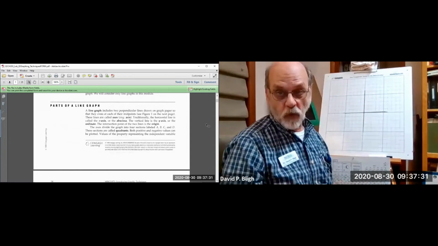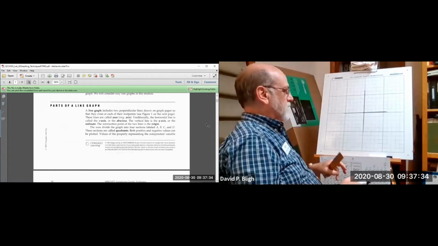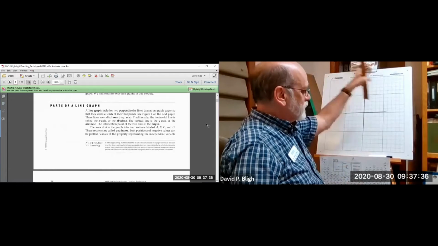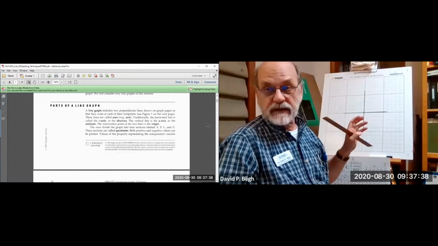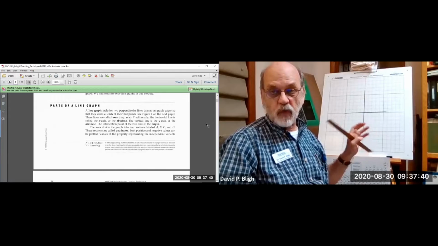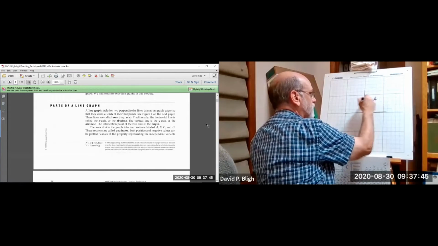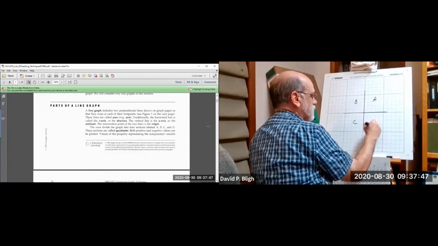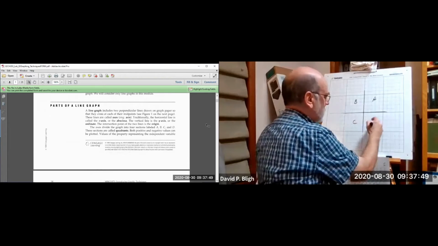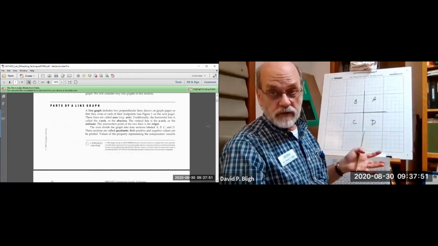That's also known as the ordinate. Notice that what we've done is this field has been divided into 4 parts, quadrants. So we have a quadrant here, here, here, here. Now, what are the characteristics of those quadrants?